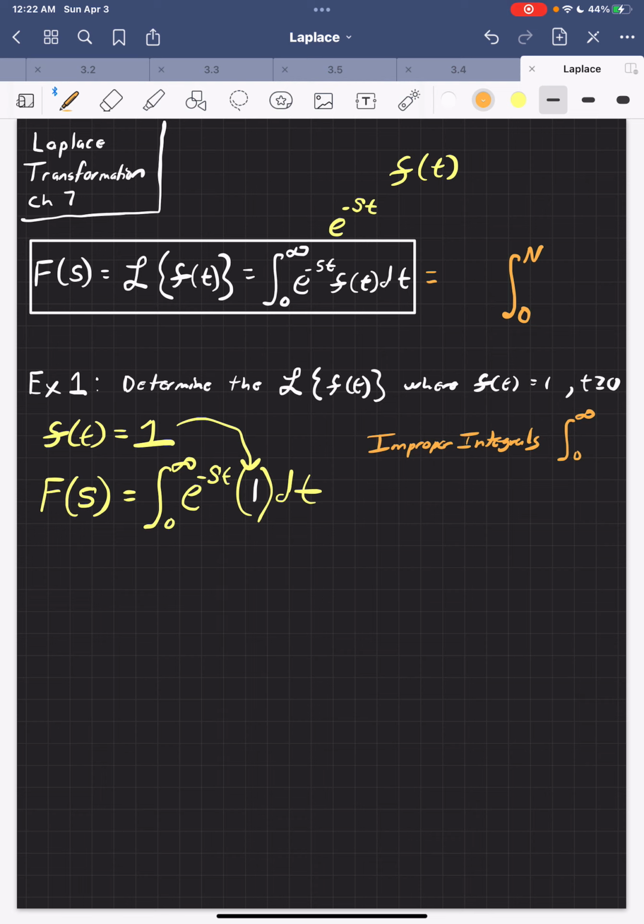So this n value is some value on the x-axis or the t-axis, depending on which variables you're using. But nevertheless, we then take the limit of that arbitrary constant as it goes to infinity. So that is how we're going to be evaluating these Laplace transformations.